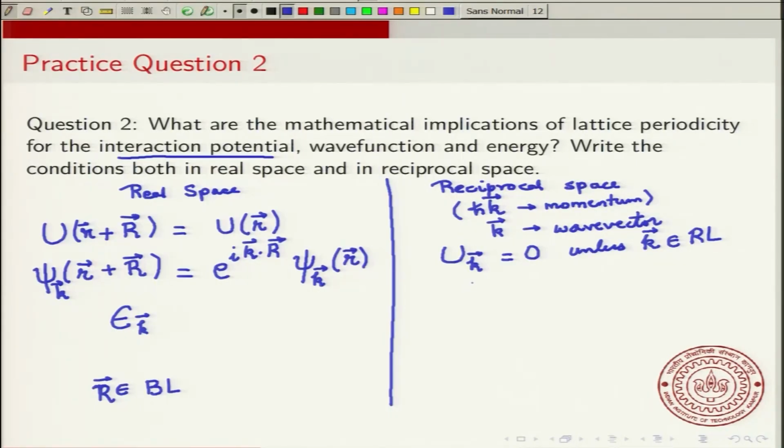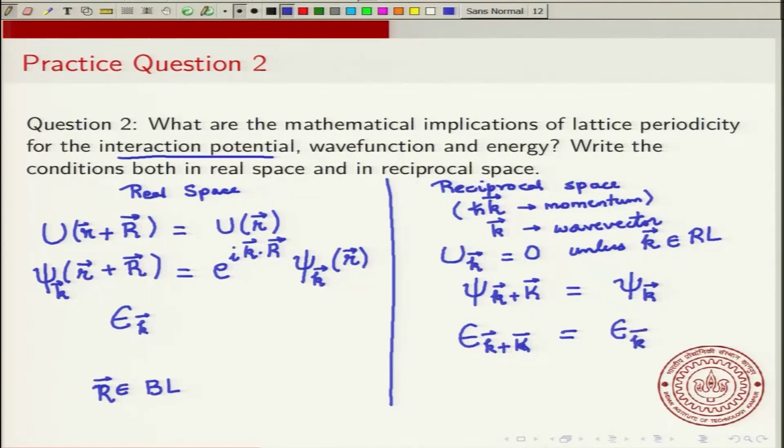Now, if you look at the wave function, this is exactly equal to psi of k. So because of the periodicity in real space, the wave function is a periodic function in reciprocal space, and you have the energy, which is also a periodic function in reciprocal space, equal to epsilon k.